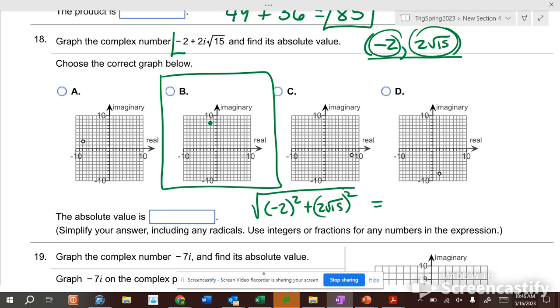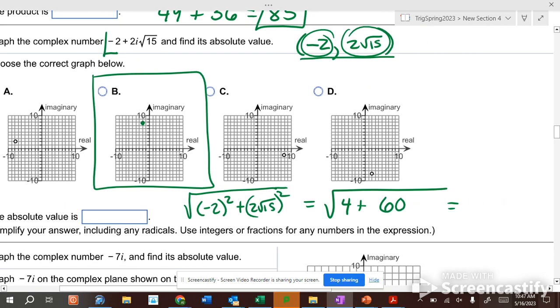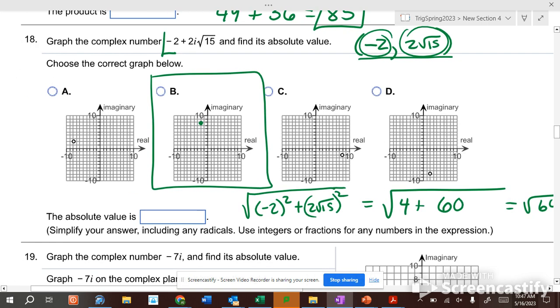What's negative 2 squared? 4. And what's 2 square root of 15 squared? Square root of 15 times square root of 15 is 15. 2 times 2 is 4. So 4 times 15 is 60, and 4 plus 60 is 64. So this is the square root of 64, which is 8.